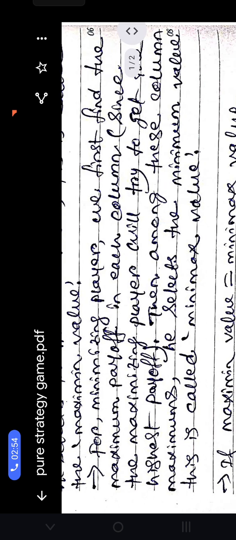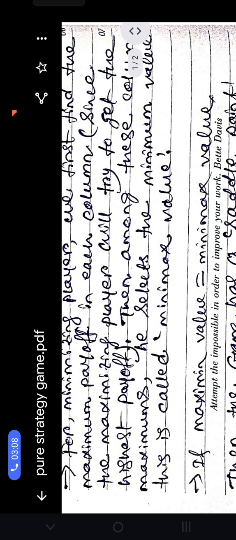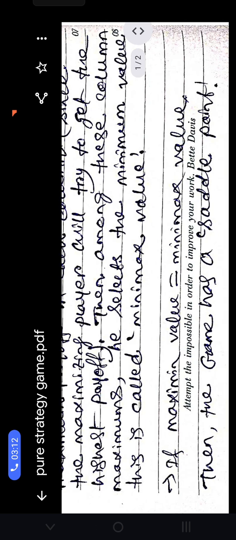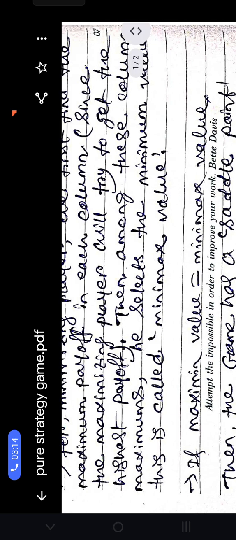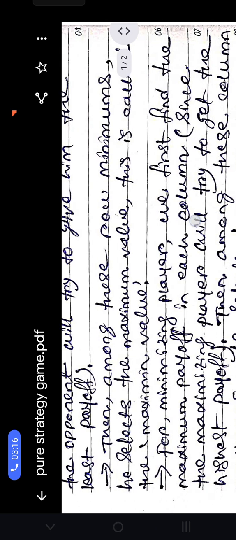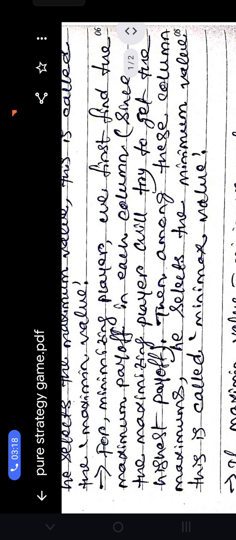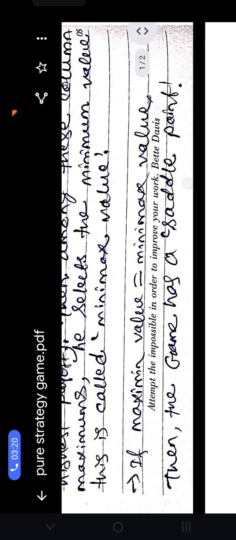So for the minimizer, player B, to find the best strategy, we take the highest payoff along each column and take the minimum from that set of maximums. This is the minimax value. Both methods are the maximin and minimax principle in game theory.